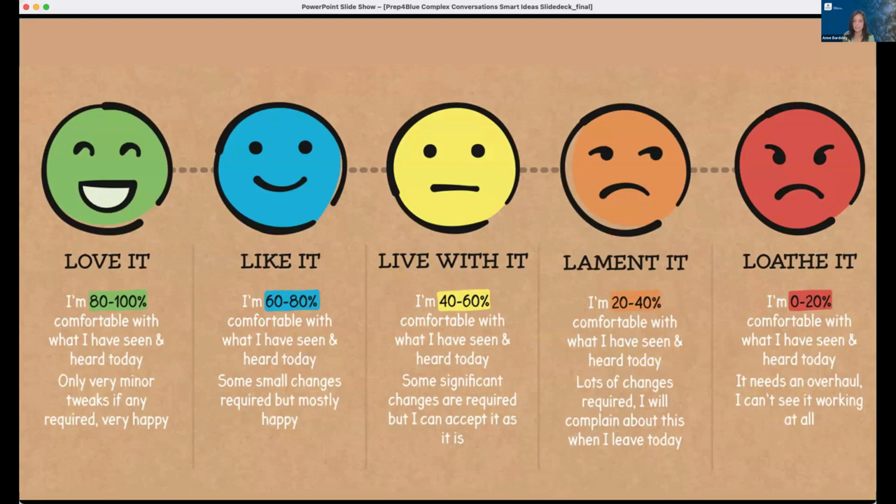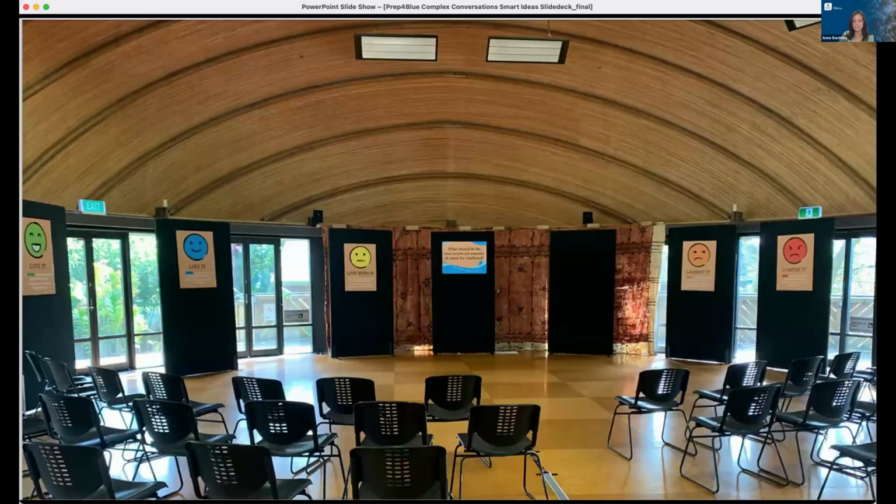And a recommendation was not going to go into the final set unless we had at least 80% of the group at least living with it. So when I go back to this slide, you can see a gap here. We needed people all to be standing over on the left side of this screen from at least living with it.